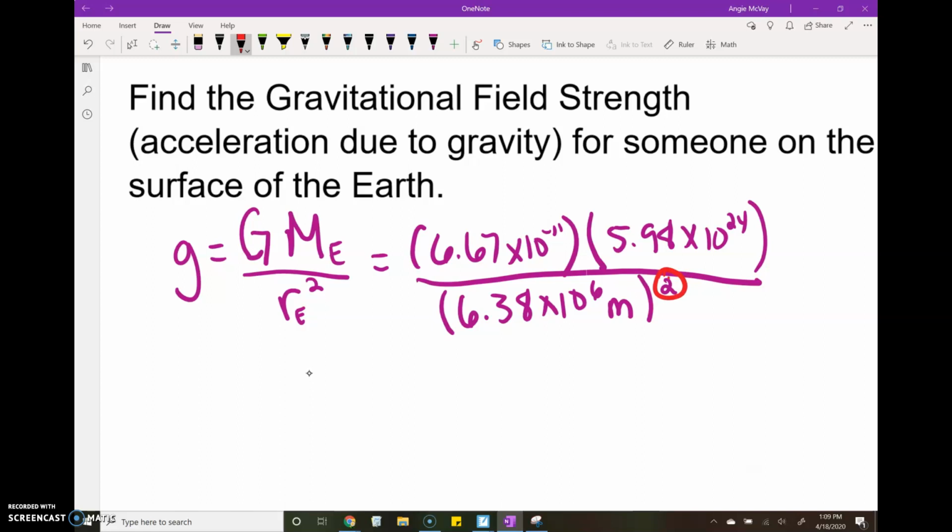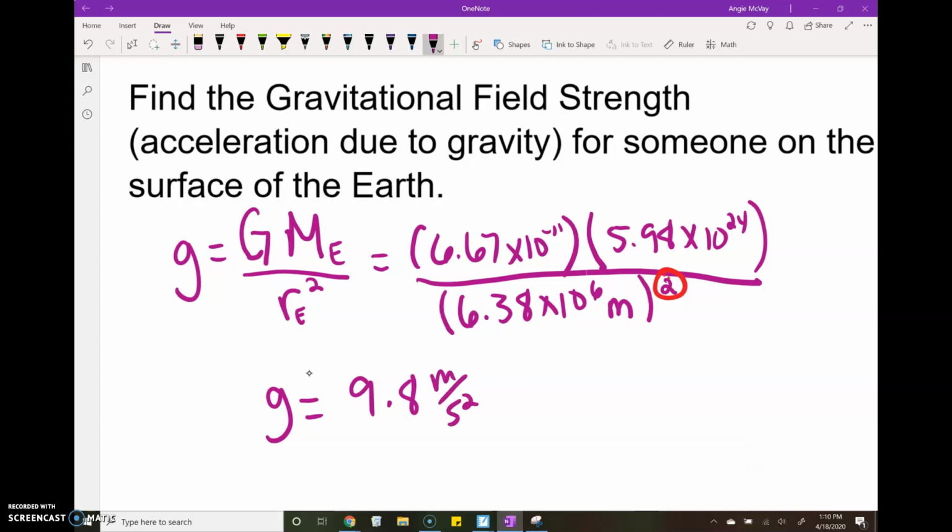When you're doing these problems, make sure that you know how to put values into your calculator in scientific notation correctly, that you're using parentheses, probably overusing parentheses, because different calculators apply order of operations differently, and I don't want you to be multiplying a negative 11 times 5.98. So stick these things in parentheses. All right, and when you calculate that out, guess what you get? 9.8 meters per second squared.